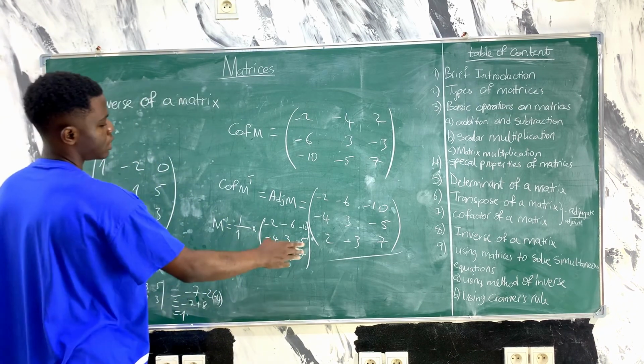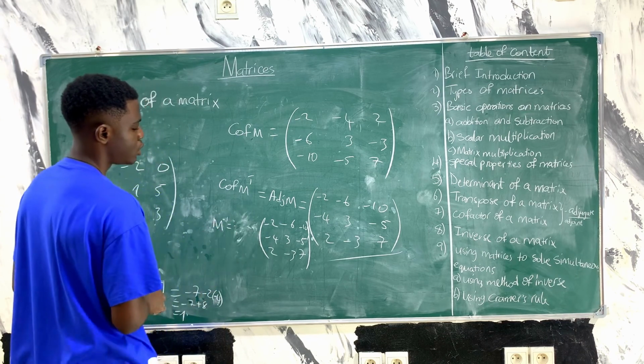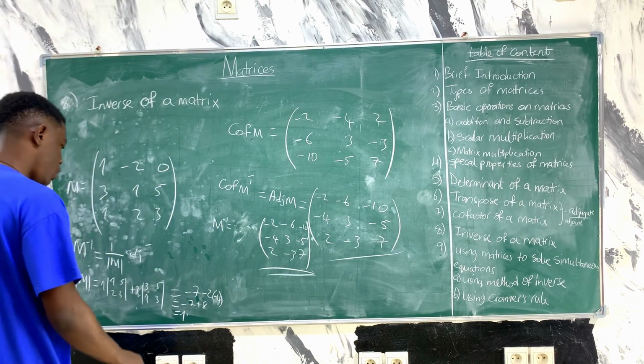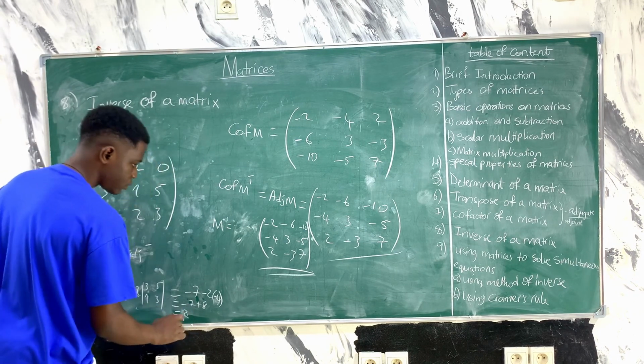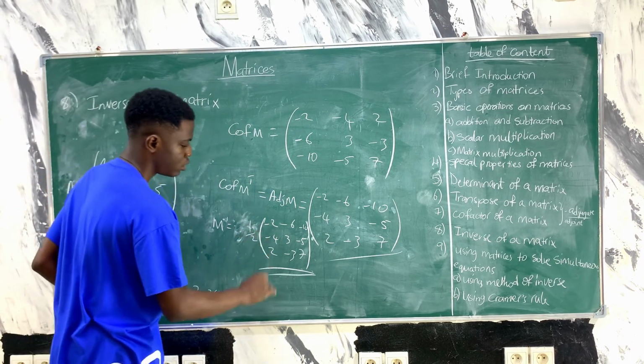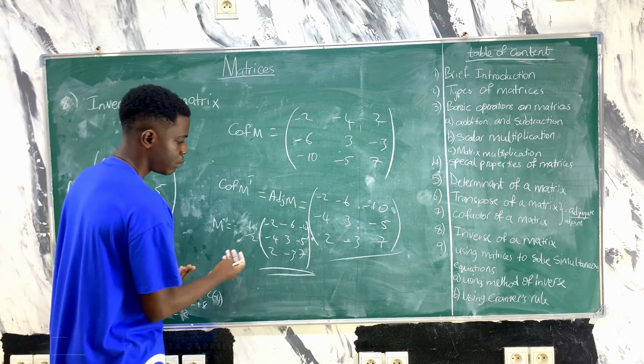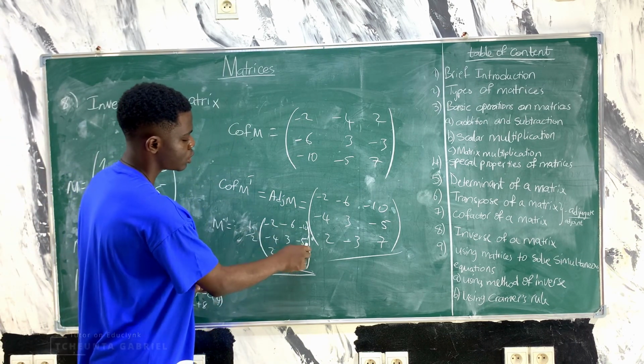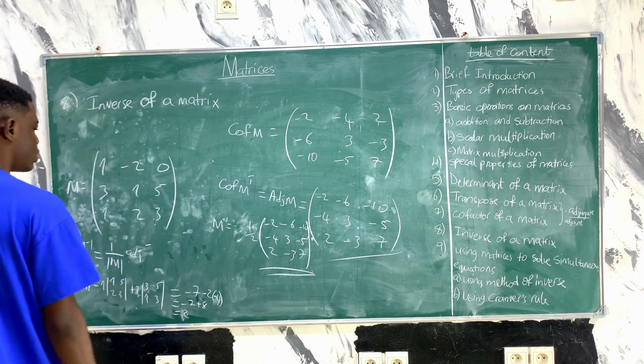So 1 over 1 times that is just it. In this case, this will just be the inverse. But if you had something like 2 here, it would have been 1 over 2, so you would have divided all of these numbers by 2, depending on the determinant that you have.